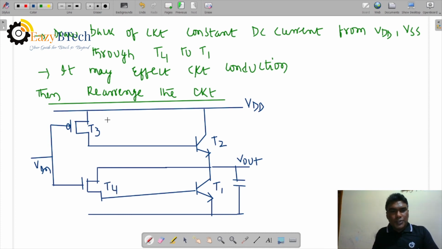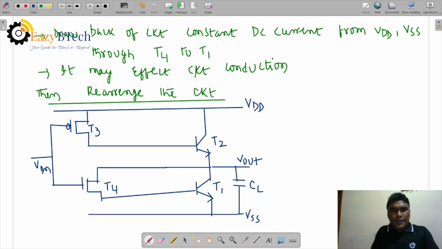Now removal of this drain terminal: there is a constant DC current from VDD to ground potential through these T4 and T1 transistors. Now we remove that one and place it in between these T1, T2 transistors.